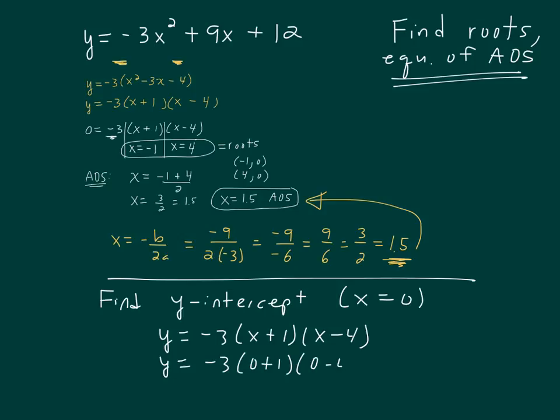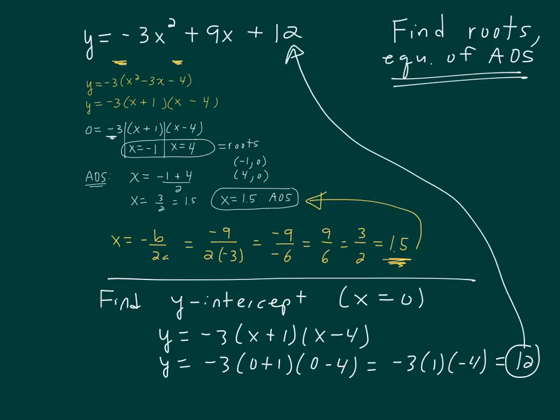And then if you clean this up, we have negative 3 times 1 times that negative 4, which is going to give us a positive 12. And notice how that matches the c value from when it was in standard form. So the y-intercept would be at 0, 12 if we needed the coordinates.